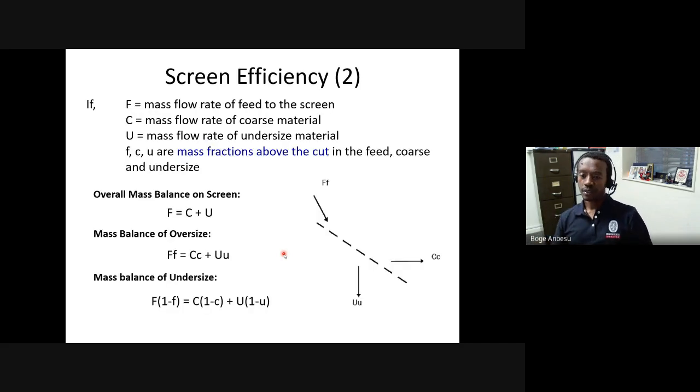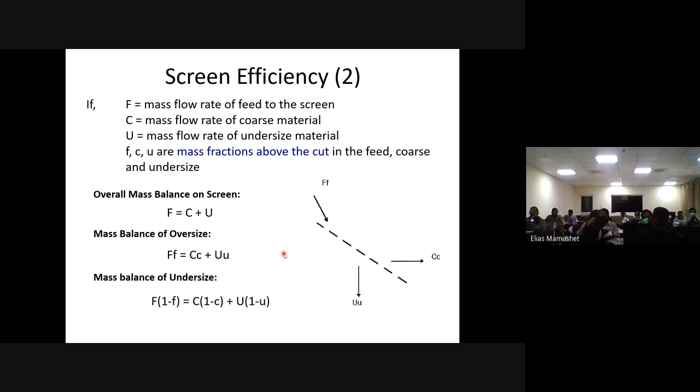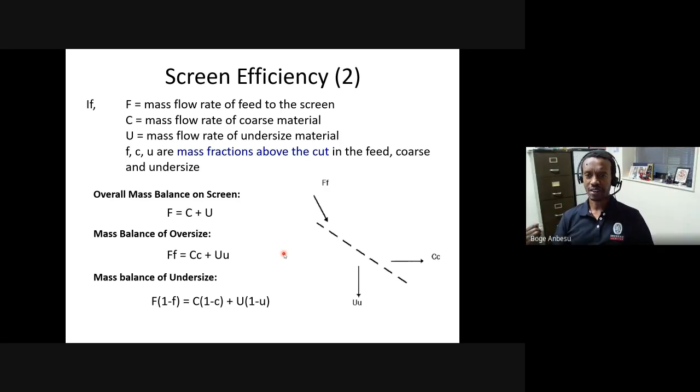Another way of determining efficiency of a screen is using a mass balance operation. If you remember last time, we can use mass balancing to track flow of water in the circuit, to track solids flow in the circuit. We can try to follow a particular component. For example, if it's a copper plant, we can just follow the copper in the circuit, where copper is going from where to where.